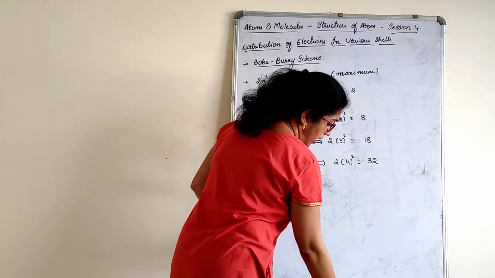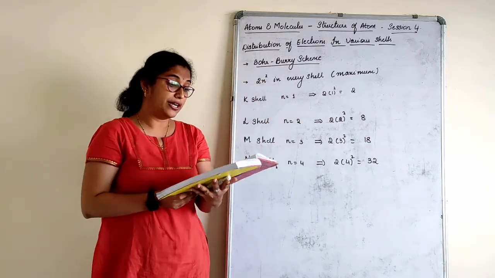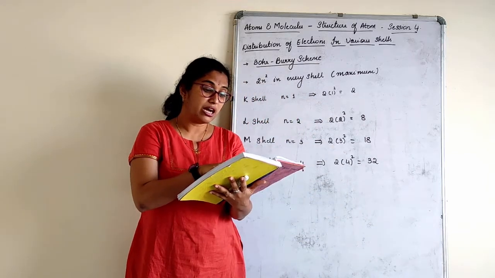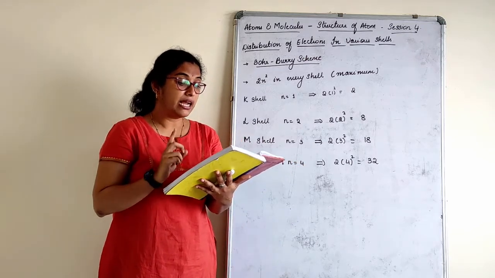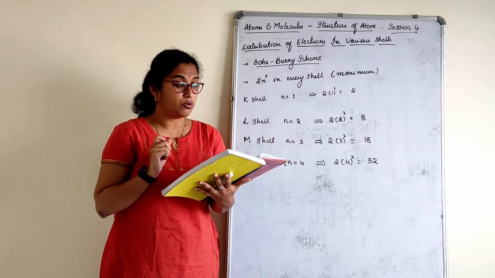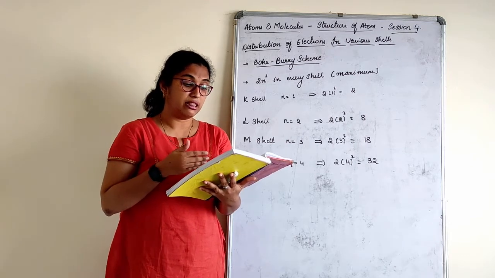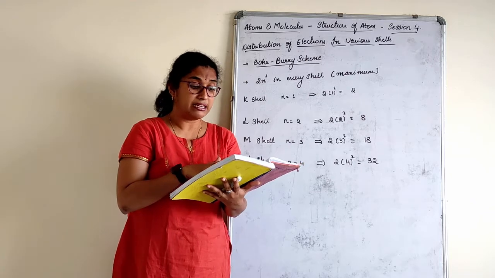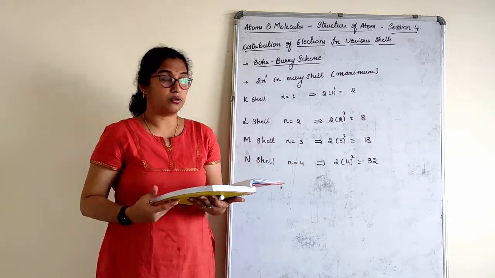There is one more point here, children, the third point. The outermost shell can't hold more than 2 electrons and the penultimate shell can't hold more than 8 electrons unless the preceding inner shell, that is the anti-penultimate shell, is filled completely obeying the 2n square rule.